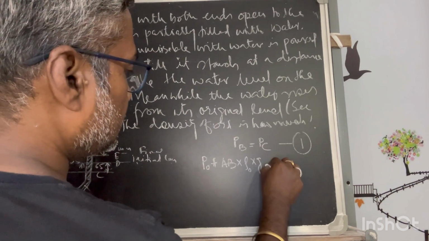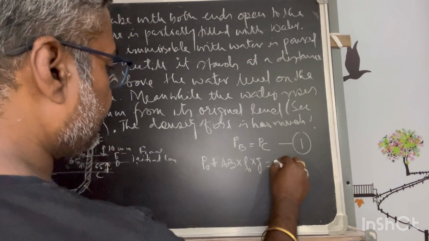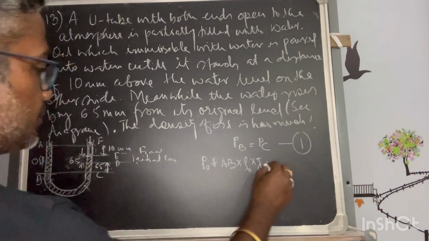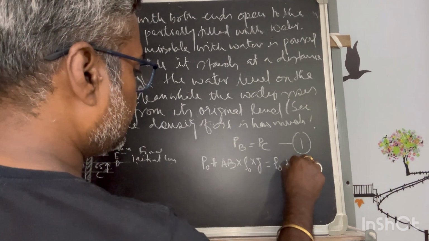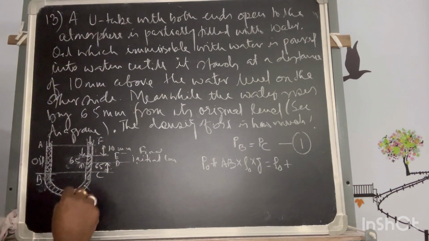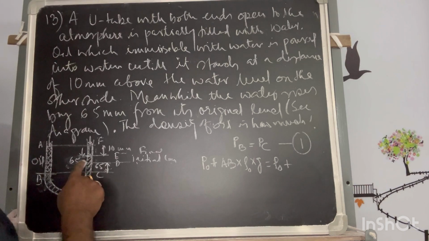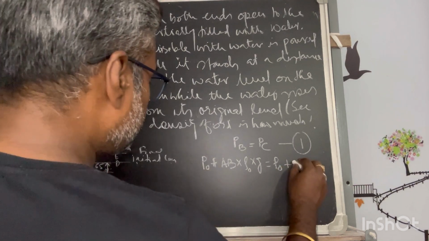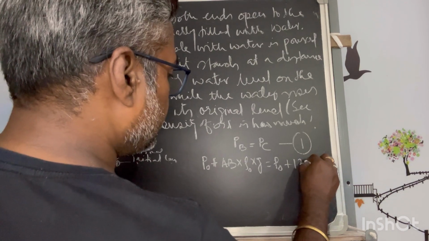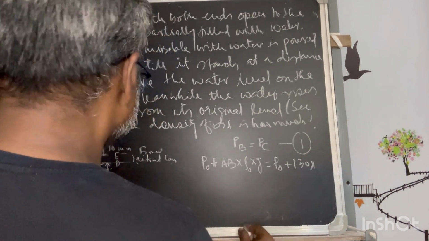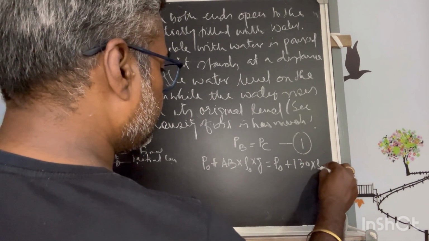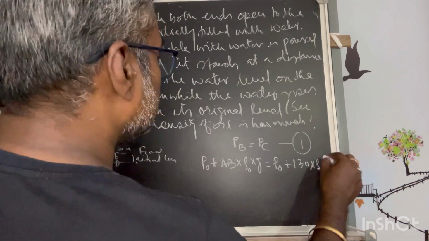On the other side, PC, that means atmospheric pressure will definitely be there, plus the height of the water column, which is 65 and 65 both, so that means 130, into rho of water into g. Fine.